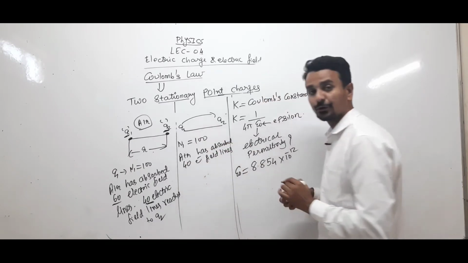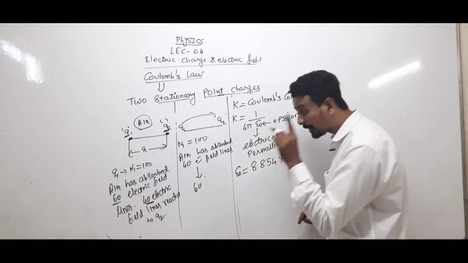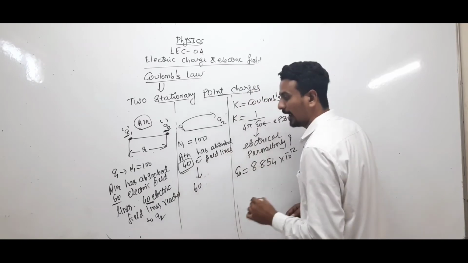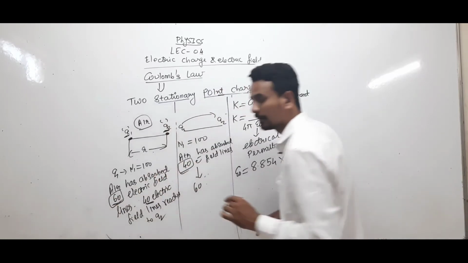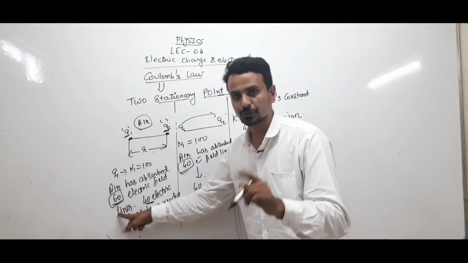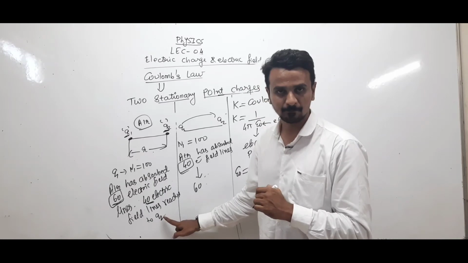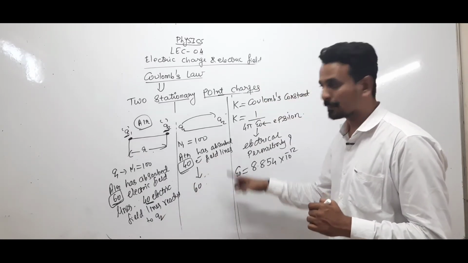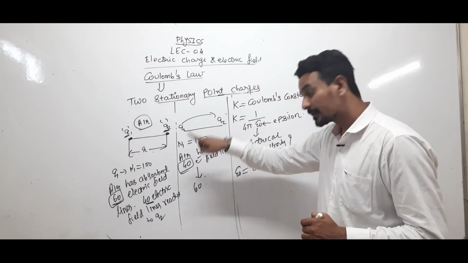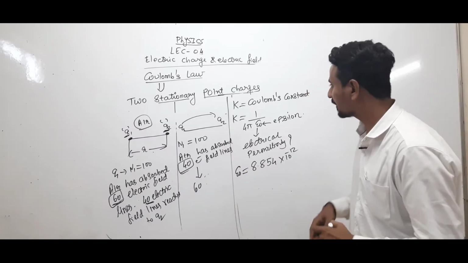So now Q2 will experience a force because of 60, but the permittivity is 40 here, and in the previous case the permittivity is 60. See, one thing to note: here the permittivity is more, so Q2 will experience less force because only 40 electric field lines are reaching. But in the second example, permittivity is less, 60 field lines are reaching Q2, so it will experience more force. Clear?